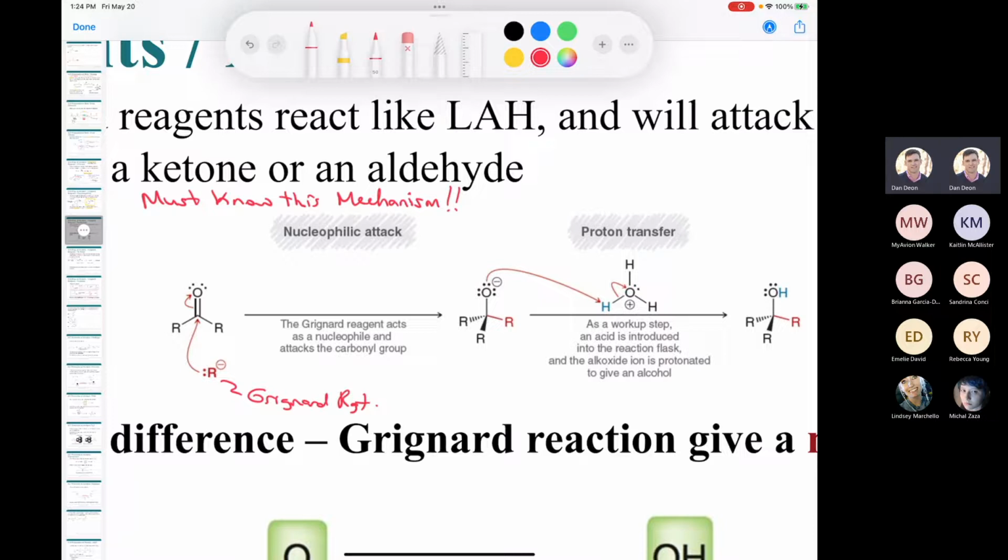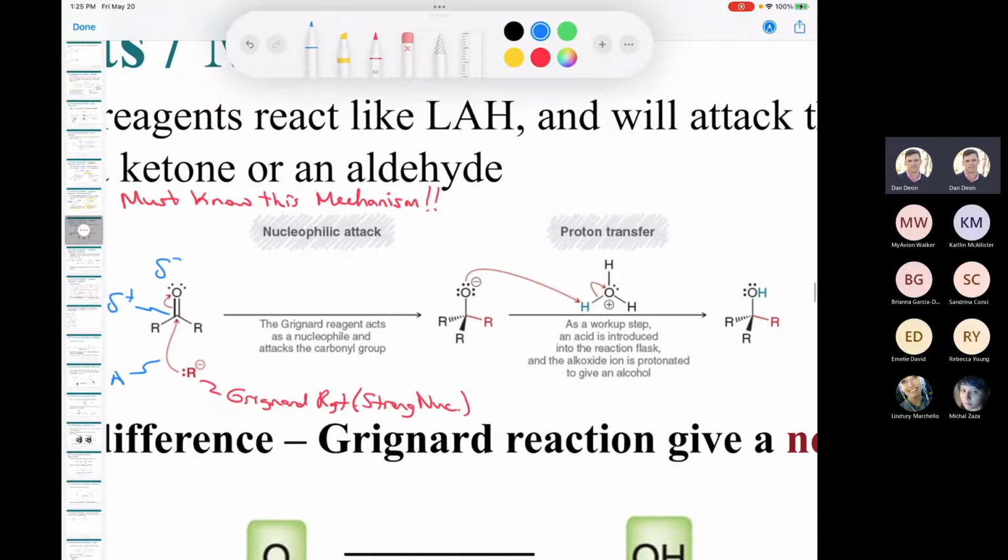I left out the magnesium and the bromide, or the author of the textbook did. And the Grignard reagent, again, is a very strong nucleophile, and a carbonyl is a good electrophile. Why is that? Because the oxygen is delta minus, and the carbon is delta plus. So we have our nucleophilic attack occurring here, and we end up making an alkoxide.